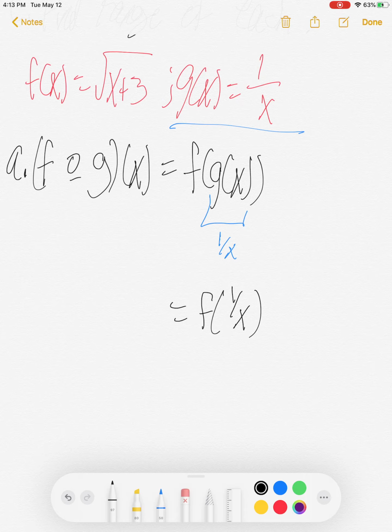And I'm going to step aside here for a minute because that might look a little bit scary. But if I asked you to find, say, f of 2, you know how to do that. All that you do is you take your formula for f and you plug in 2 for x. So f of 2 is the square root of 2 plus 3 because f of x is square root of x plus 3.